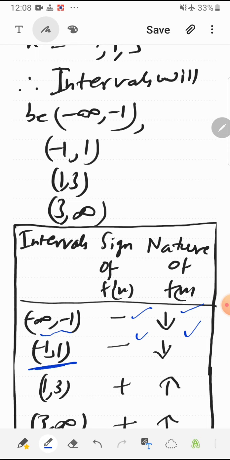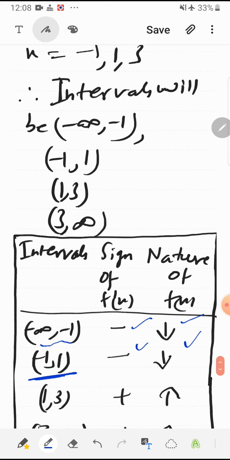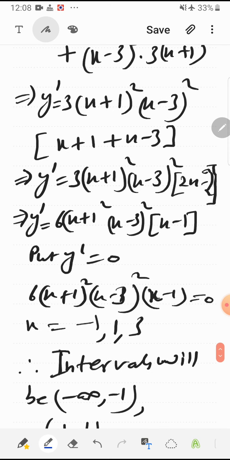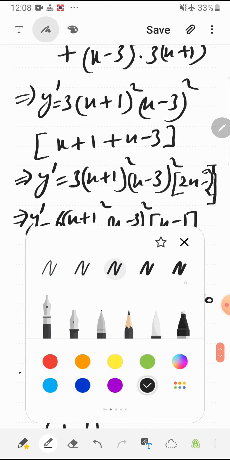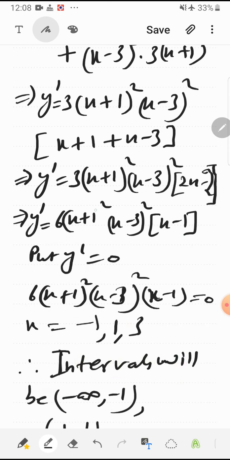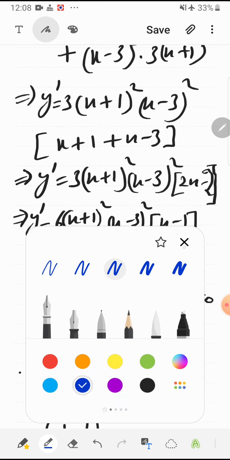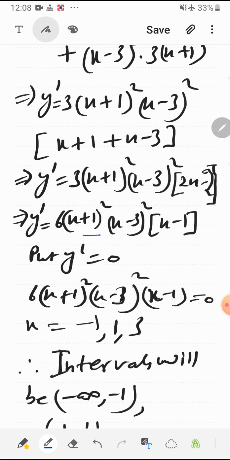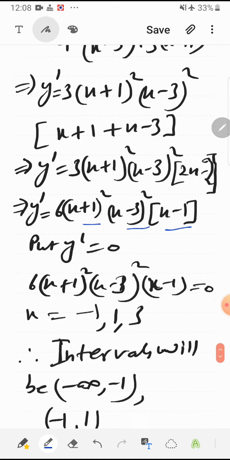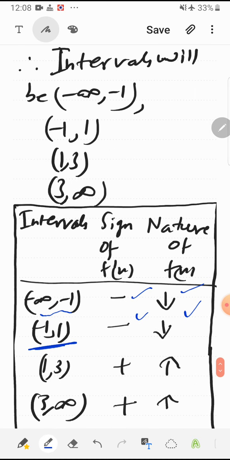Now put any one point, say 2, from the third interval. When I put x is equal to 2 here, again no change here because it is whole square, so positive, and this time also positive, so it is plus, so an increasing function.